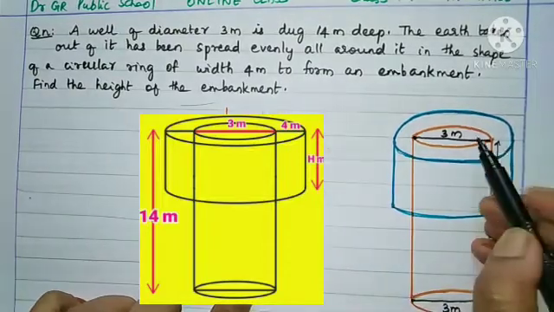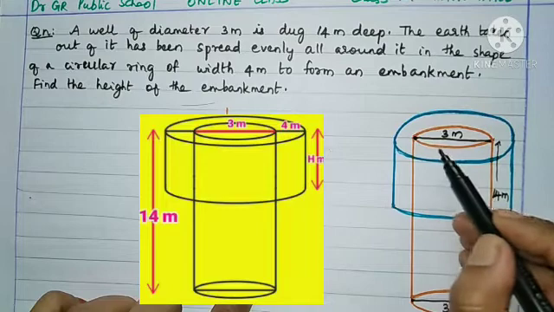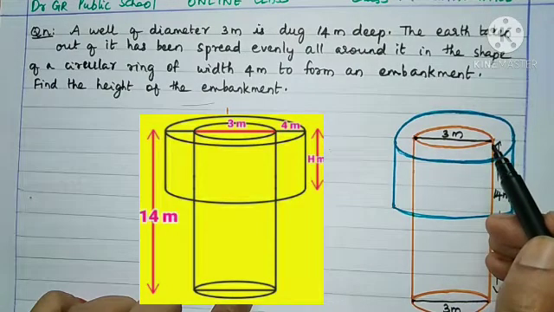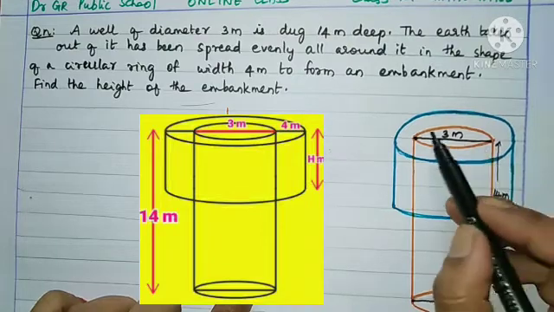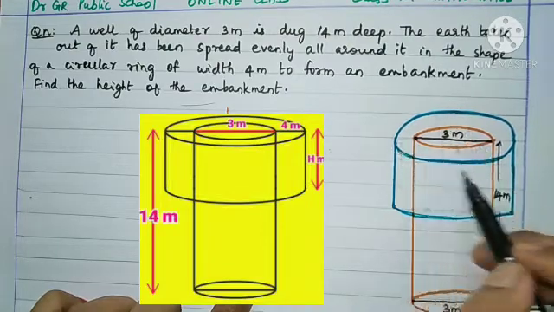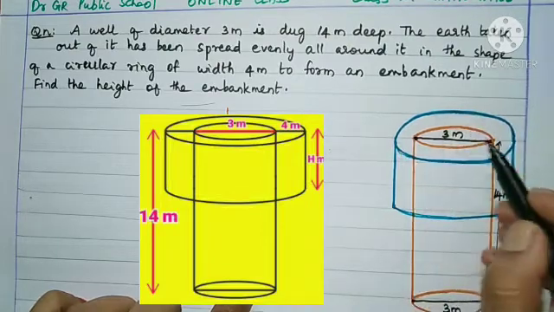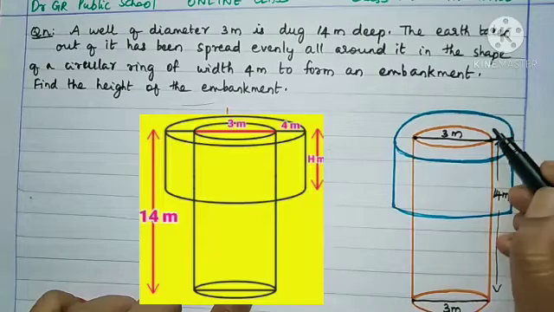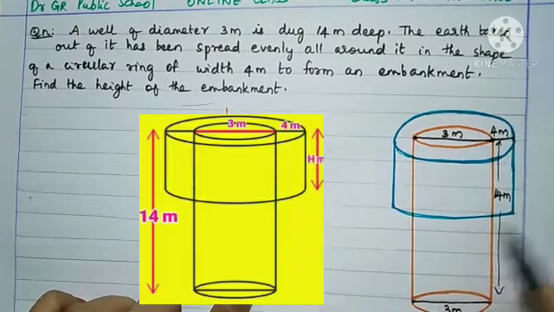You studied circular rings in the chapter on areas related to circles. There is an inner circle and an outer circle, and the width in between the two circles is given as 4 meters.